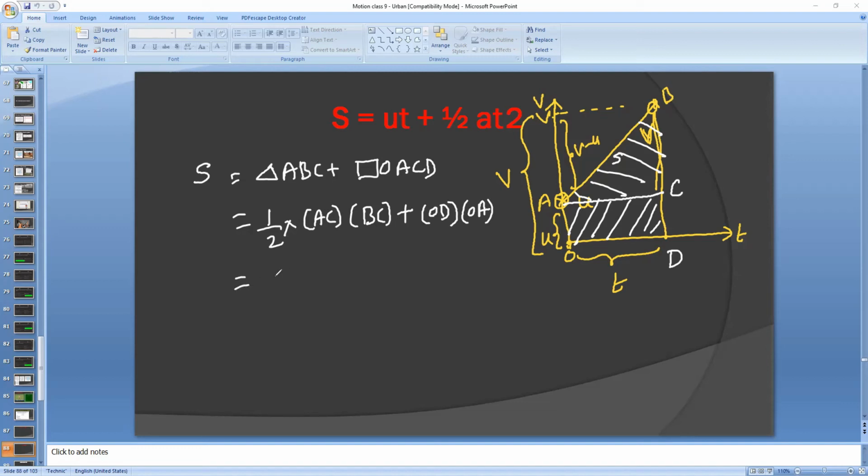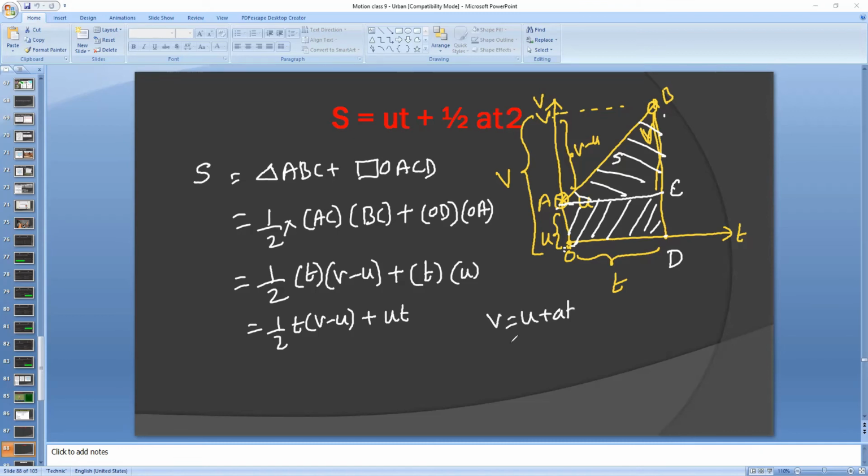Just substitute the values: half into AC. AC is parallel to OD, and OD refers to time t, hence AC is also time t. And BC, the opposite side, indicates v − u. Plus OD refers to time t and OA refers to u. So ½ × t × (v − u) + ut. From the first equation, v = u + at, so v − u = at.